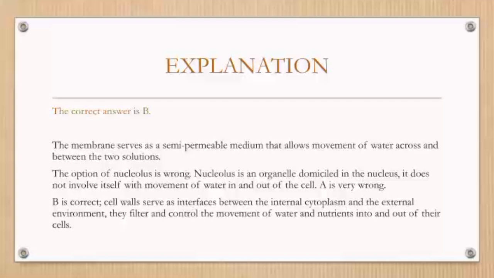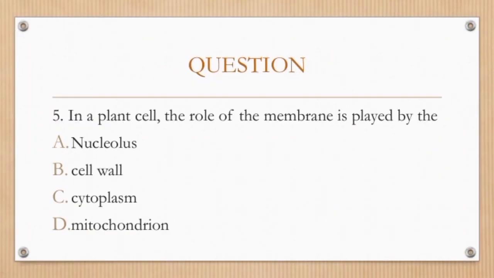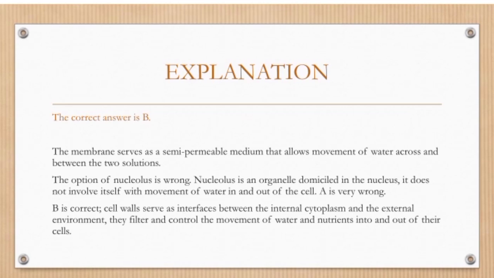The right answer is B, the cell wall. In a plant cell, the role of a membrane is played by the cell wall. In animals, you have your membrane, and in plants, you have your cell wall.